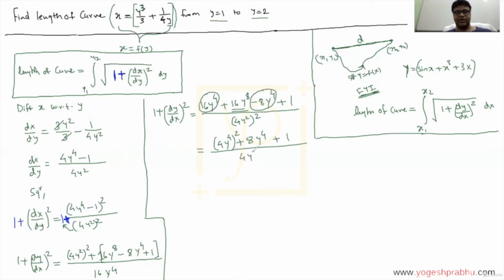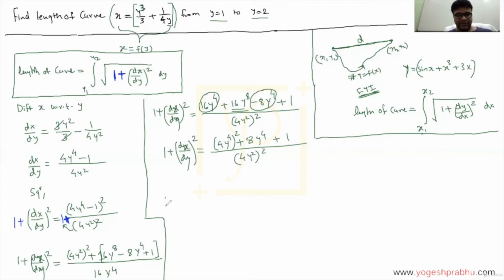Just be careful while you do this so that you don't make any mistake. And then this is 1 plus dy by, that's not dy by dx, is it? It is dx by dy, no? So it is dx by dy. I think I made a mistake here as well. This is dx by dy. So we are so much used to dy by dx, but right now it's dx by dy, the whole square. Okay, let's simplify. And then you'll take a square root.